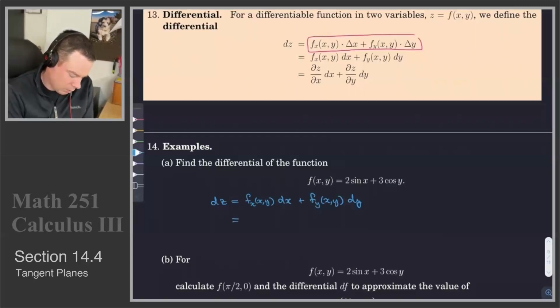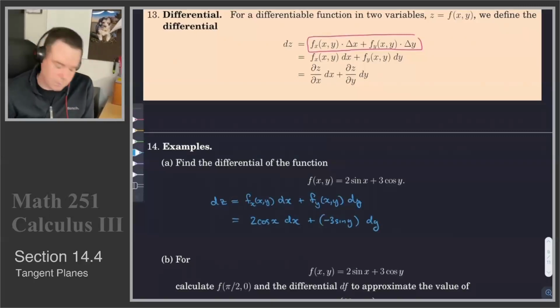The x partial is given by 2 cosine of x dx, plus the y partial is negative 3 sine y dy. So that's our differential. And again, our differential is telling us how our output changes if we've changed our inputs by a little bit.